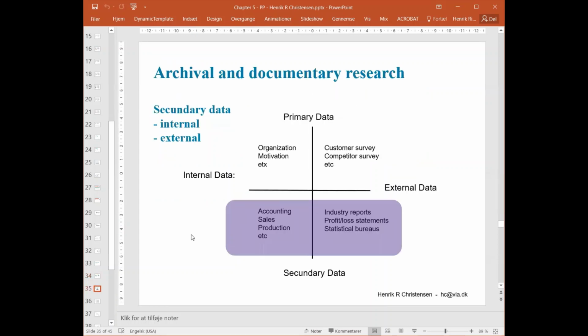Then archival and documentary research. Very important. As I mentioned at the start here, we have down here the secondary data. As you may remember, I indicated that we always start by finding out, do we have any secondary data that we can find and use that can help us to understand this.